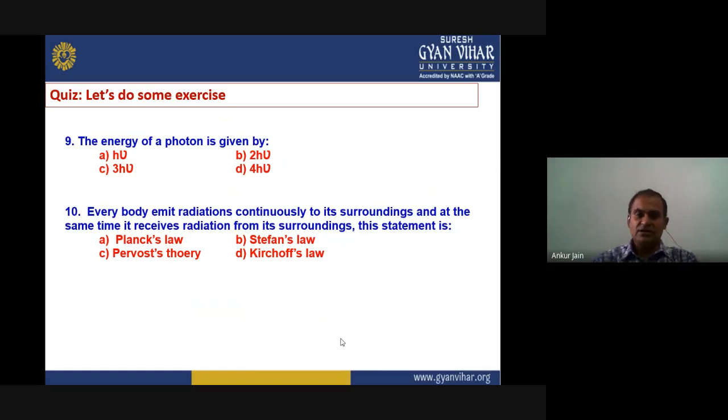The right answer is h nu, because this is the smallest unit of energy packet or energy bundle or quanta, which is known as photon. The right option is option A. The next question is, every body emits radiations continuously to its surroundings, and at the same time it receives radiations from its surroundings. This statement is related to the heat exchange principle given by Prevost. So the right answer is Prevost theory, option C.